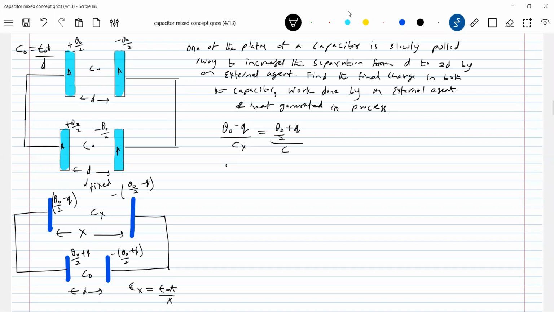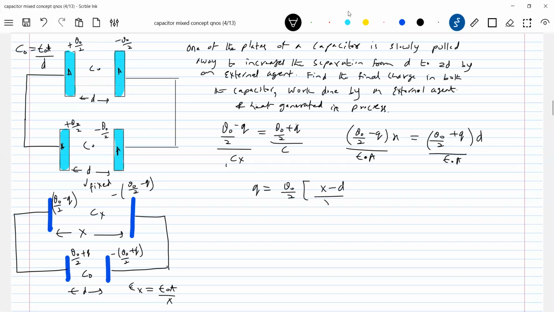So Q naught by 2, a little bit of calculation is there. So this should be Q naught by 2 minus Q by epsilon naught A by x, and Q naught by 2 plus Q by epsilon naught A by d will come here. Solving this, I'll get the expression for Q equal to Q naught by 2 times (x minus d) by (x plus d).